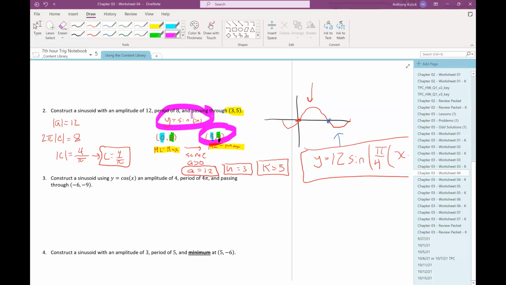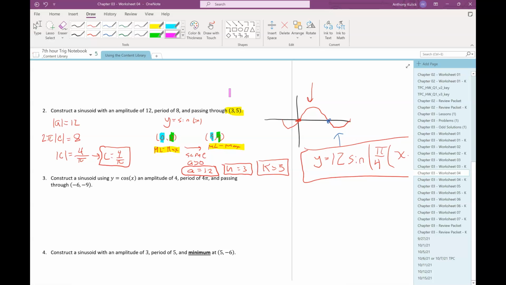And in this kind of problem, the sign for A didn't matter. I could make it positive or negative. Either is okay. Now, that won't always be the case. Some of these problems are more specific because we say that the point has to be a maximum or a minimum or a midline point. And then things get a little bit more difficult. And there's not so many answers. But this one could be one that conceivably, once you understand what's going on, you can mostly do in your head.